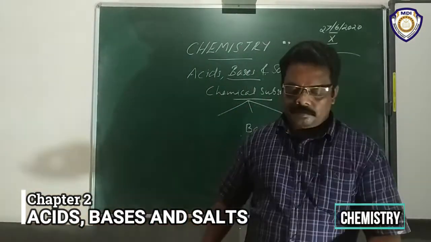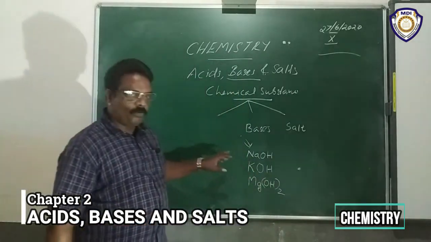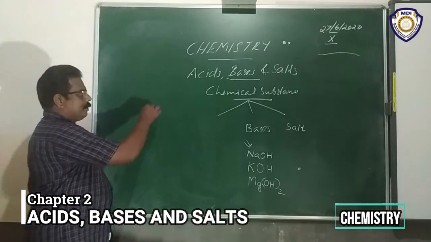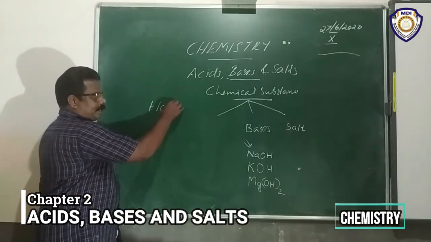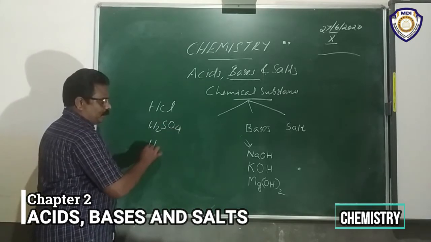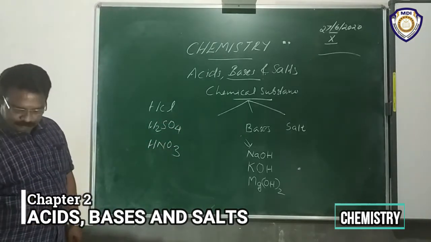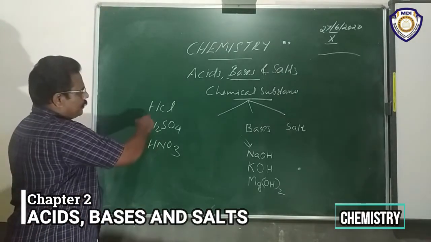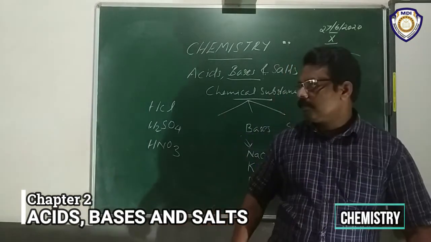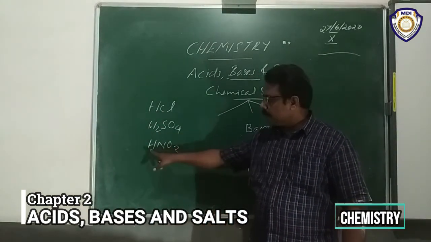Now let me ask, these acids or bases, what do they have in common? Take the examples for acids one by one: HCl, H2SO4 and HNO3. Can you find any common character or common ion here?